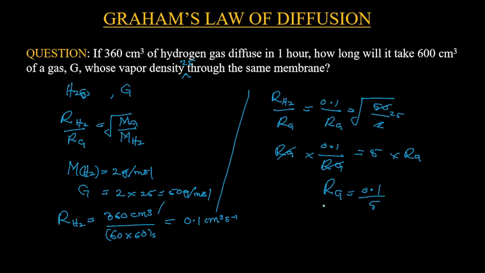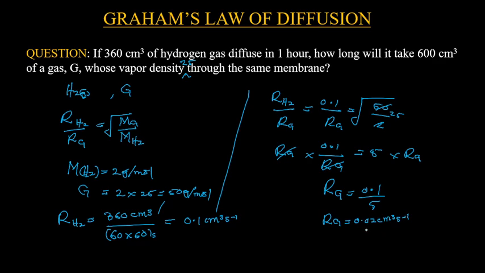And so we'll have the rate of diffusion of G equal to 0.02 cm cube per second.